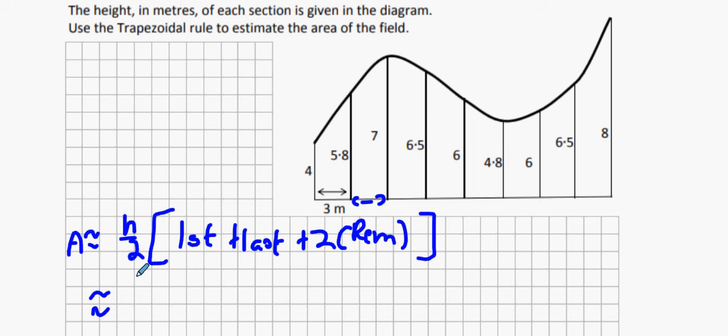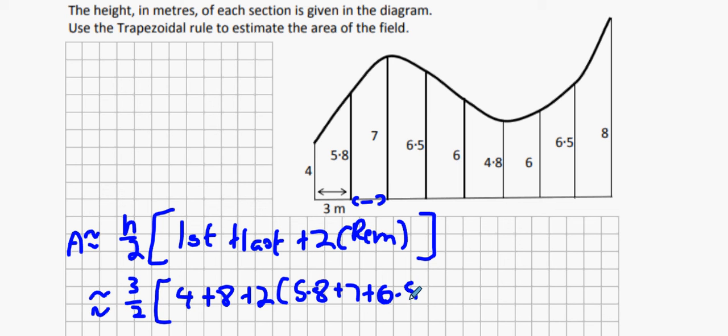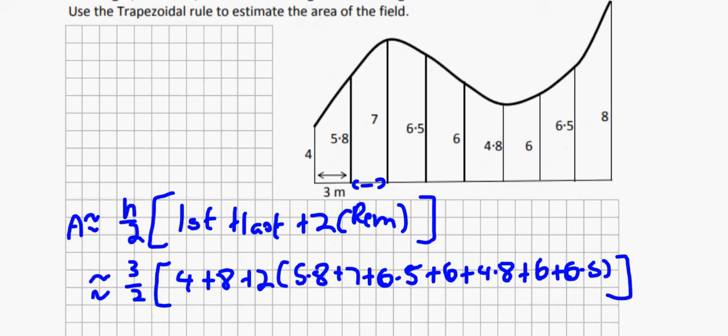So 3 over 2. What's your first? Your last? 8. And now your remaining. Please take your time and don't forget the numbers. 5.8, 7, 6.5, 6, 4.8, yet again another 6, and another 6.5. Now, you can do it in parts if you want.